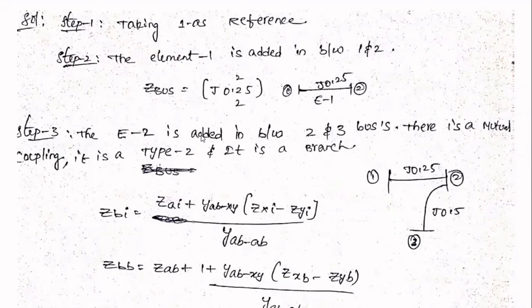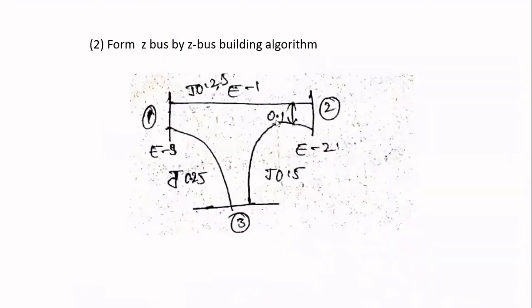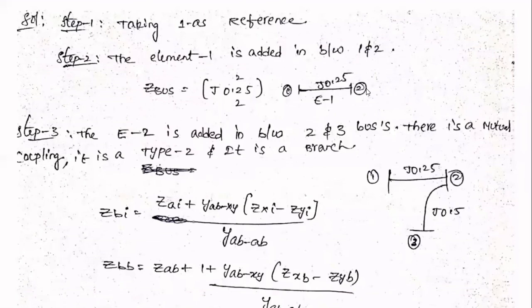Next, coming to step 3, that is element 2. This is element 2 that is added between 2 and 3. 2 is the old bus and 3 is the new bus. If the element is added from an old bus to a new bus, then it is a type 2 modification.